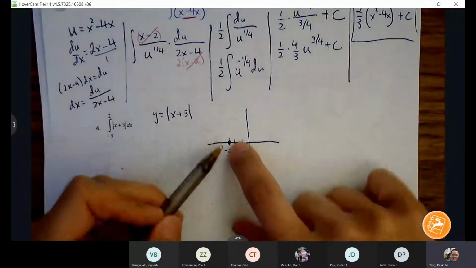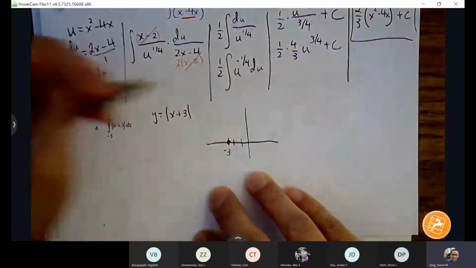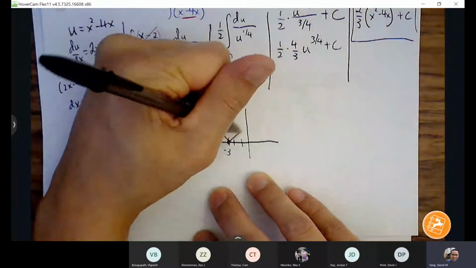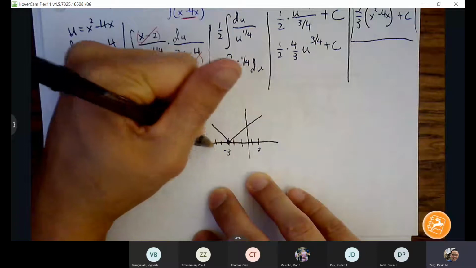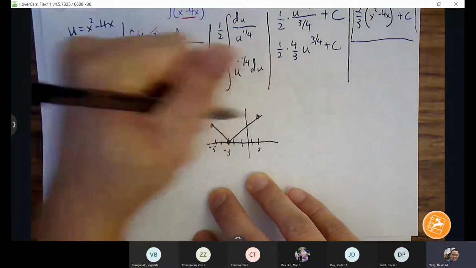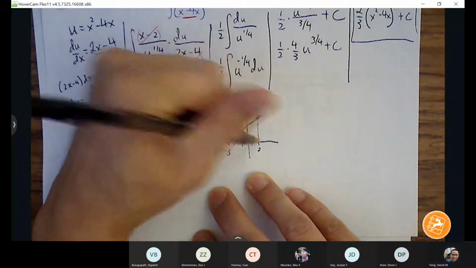Okay, there's my vertex. I'm going to extend my graph out and up, going to -5 all the way to 2. Highlight those points. Those will also be the heights of your triangle.